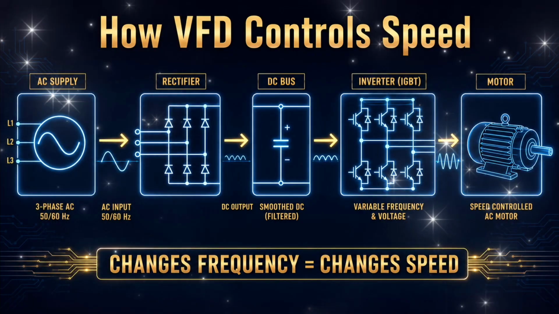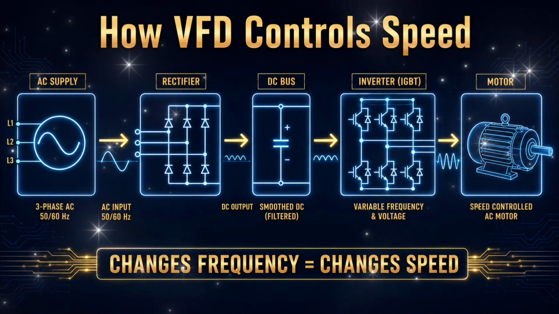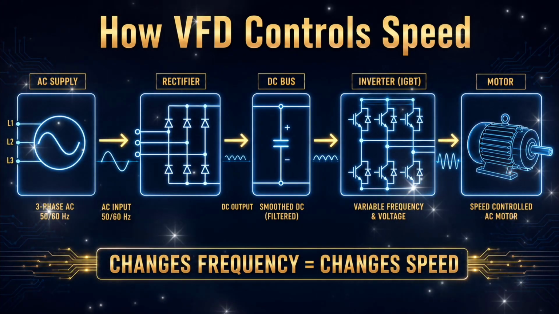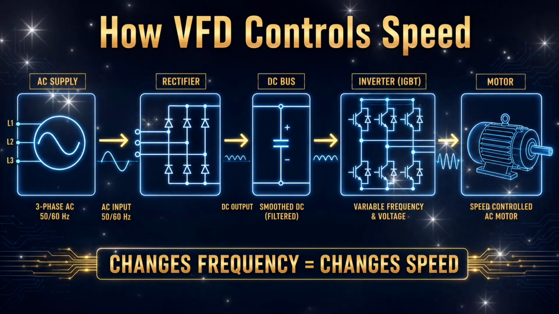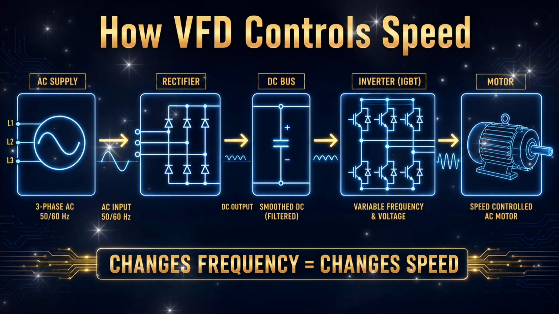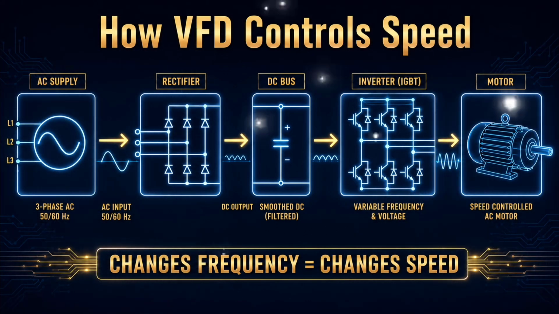Now let us understand the working principle. Look at the screen. How VFD controls speed. A VFD takes fixed frequency AC power from the supply, for example, 415 volts at 50 Hertz, and processes it through three internal stages. Stage 1, Rectifier, converts incoming three-phase AC into pulsating DC.